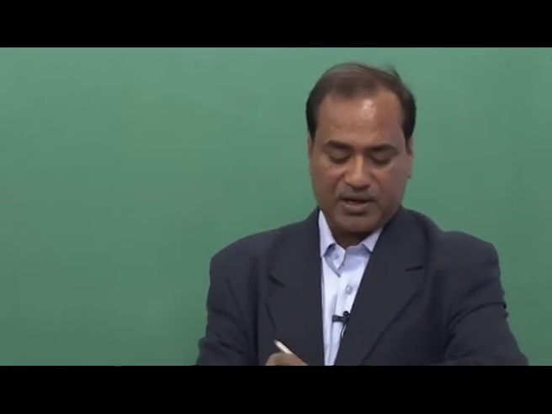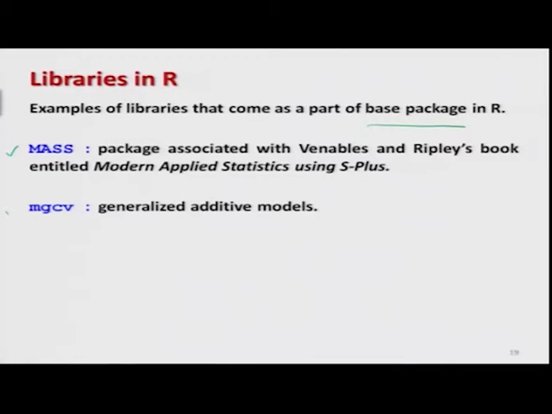Some built-in libraries which come as a part of the base package in R are MASS and MGCV. Please remember that this is capital M, capital A and capital SS.